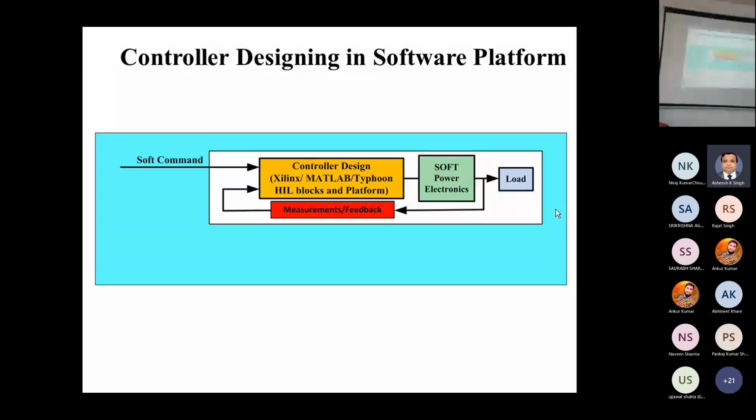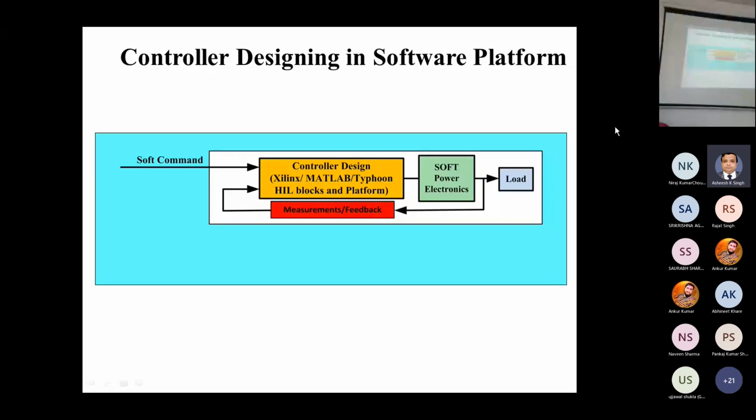We can see here that during the controller design, first we develop the soft controller inside the platform, that may be Xilinx, MATLAB, or Typhoon HIL, and there will be a soft feedback sensor, which is not external but inside the program.